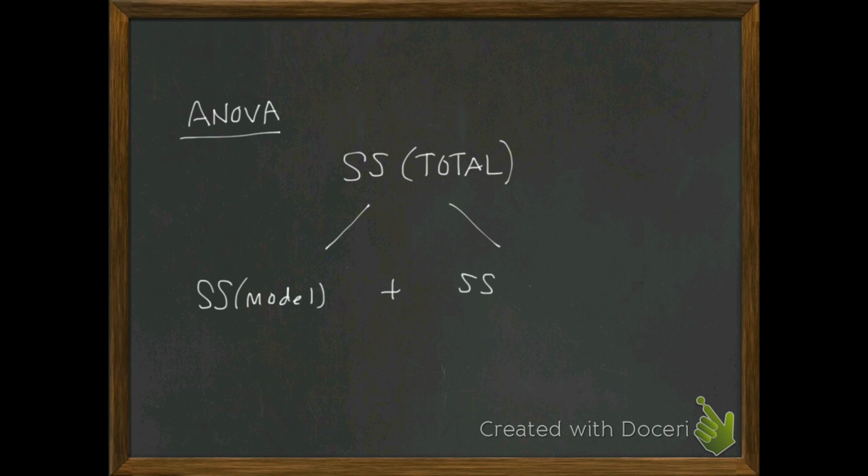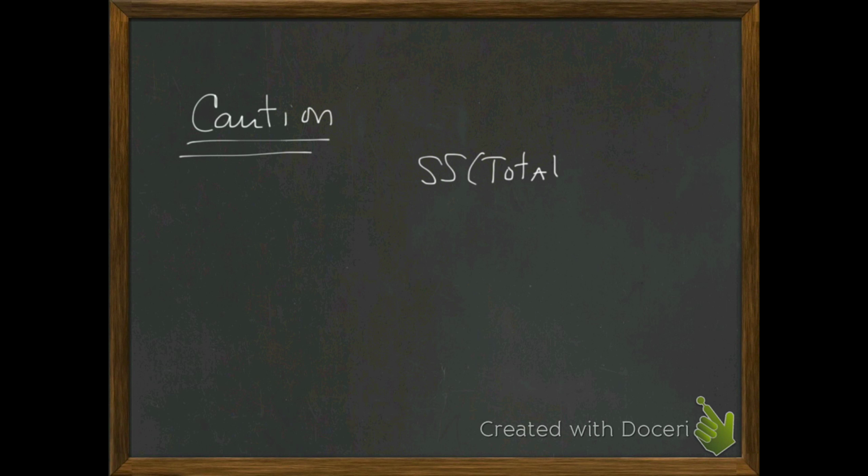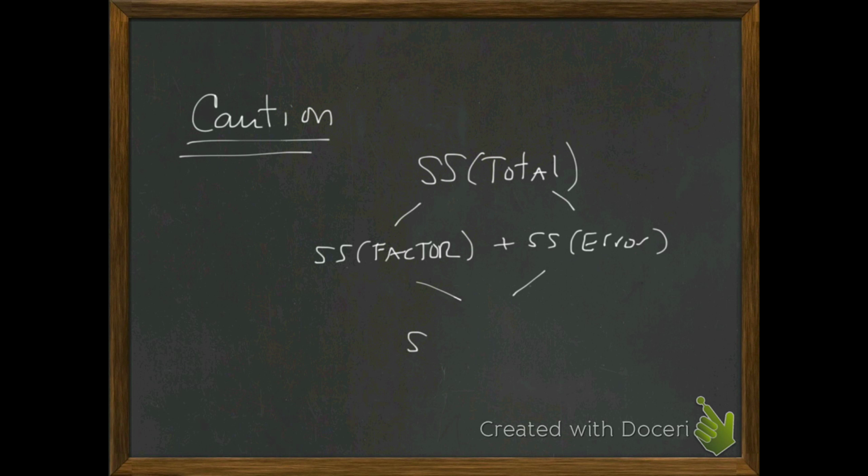Now, there are times this doesn't work, and let me explain what happens here. If you run a model and you have a sum of squares for the total plus the sum of squares for your error, and this all comes back to the sum of squares for the covariate.